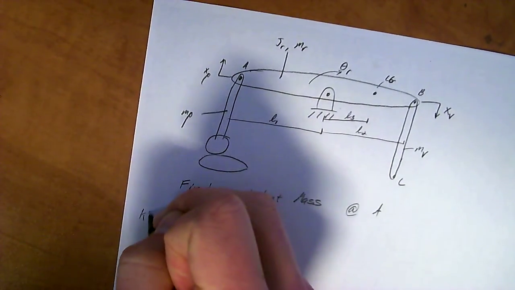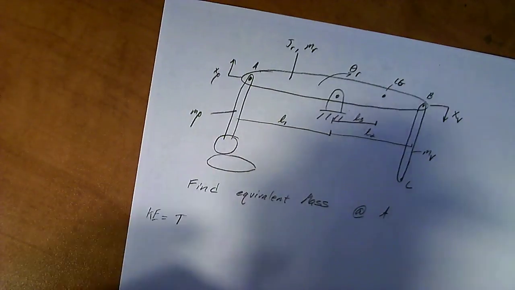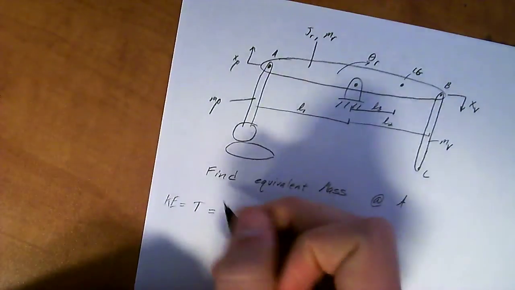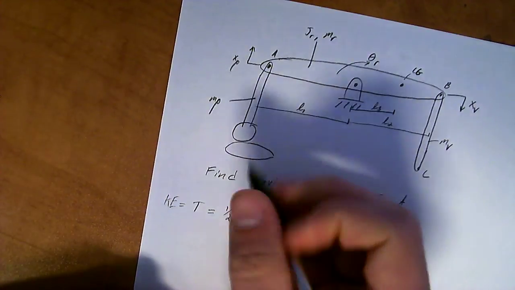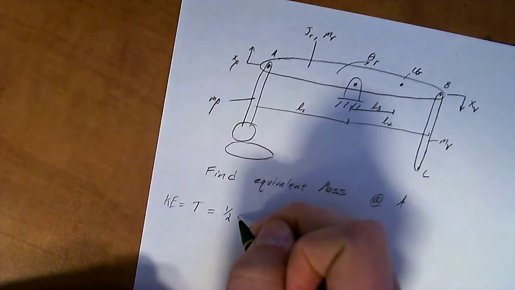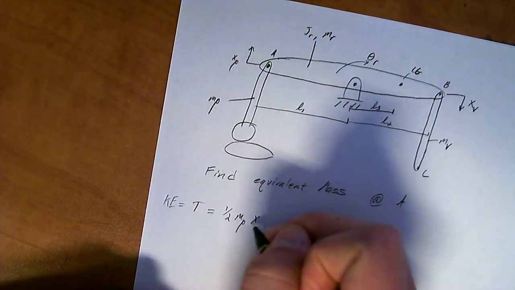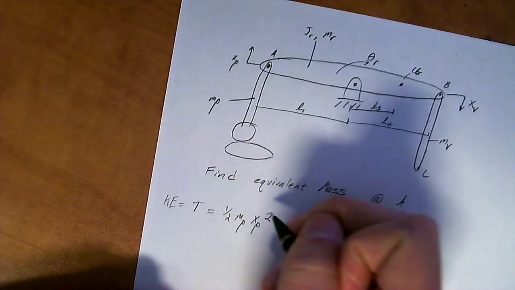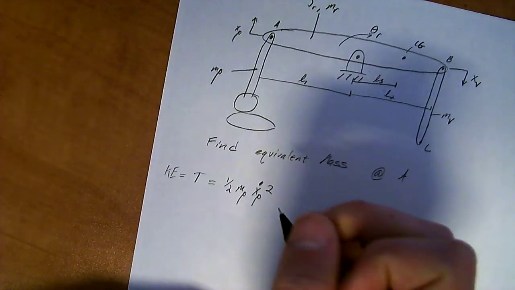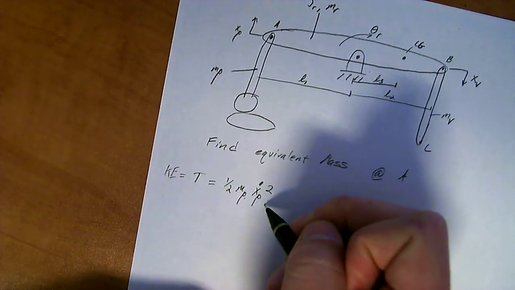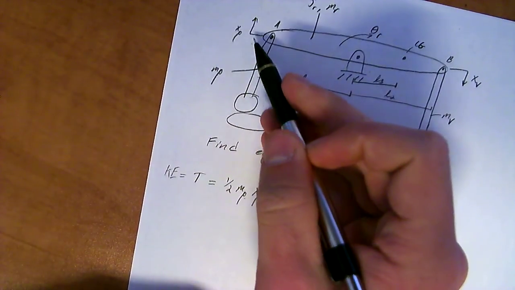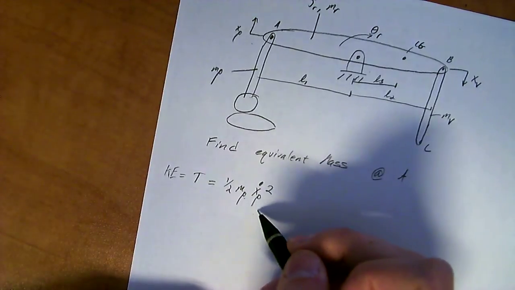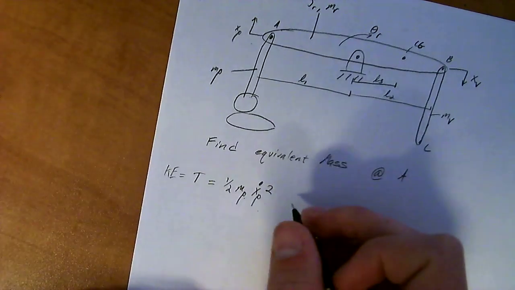Okay, so using the energy method, we're denoting kinetic energy as T. So if you haven't seen this notation, KE is equal to T, is equal to 1/2 this mass, MP, times its velocity squared. 1/2 mv squared. Since MP is moving at the same rate as xp, you multiply it by xp dot.